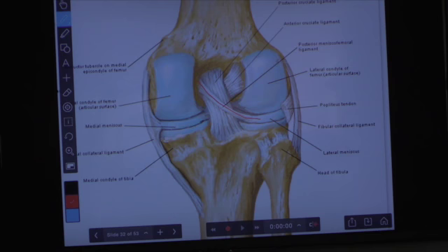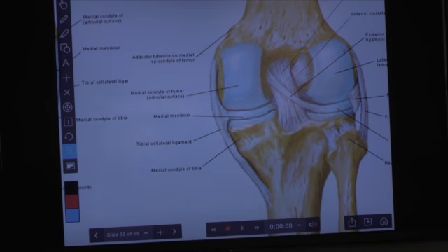All right, fibular collateral ligament is this one. It is also called lateral collateral ligament of the knee. This is the medial collateral ligament. It's also called the tibial collateral ligament.